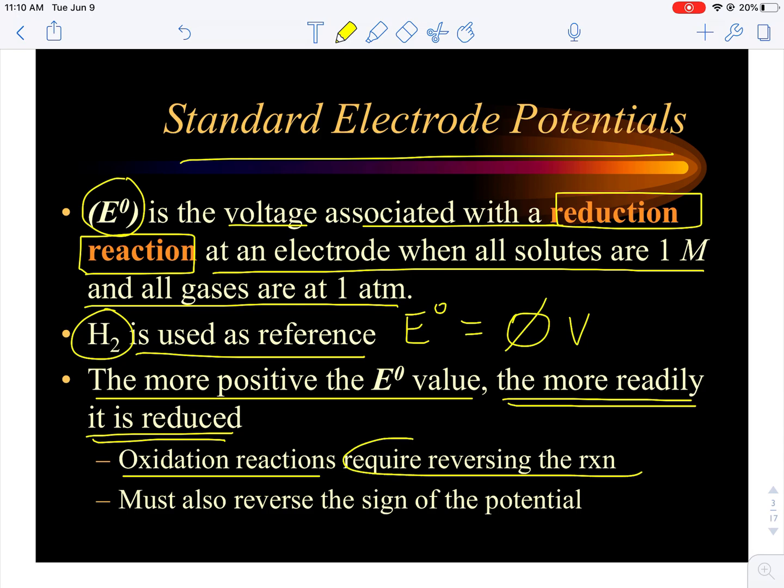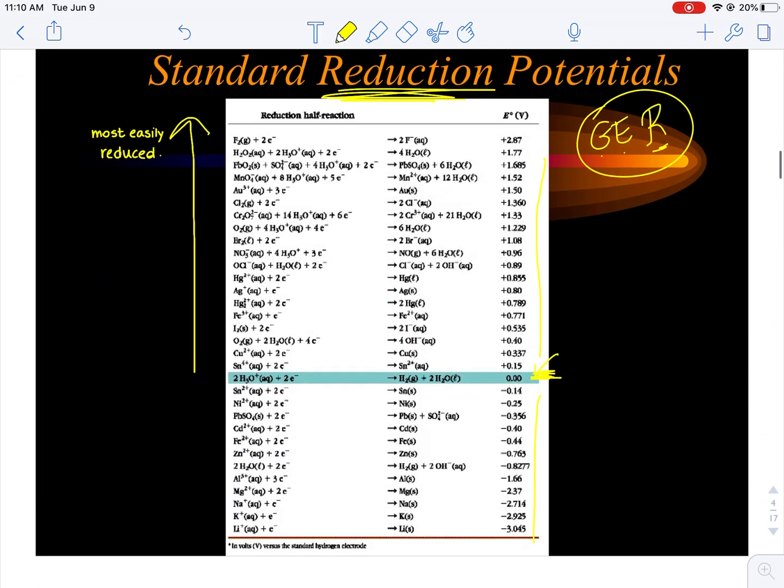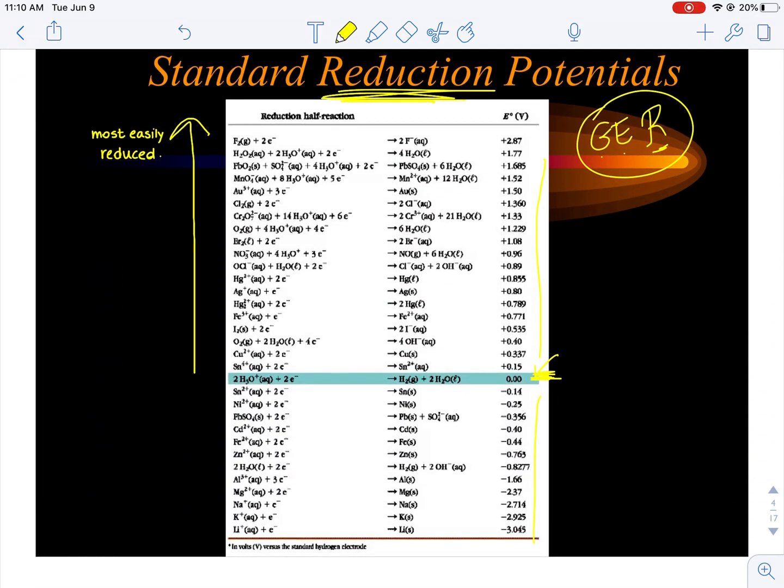Oxidation reactions require reversing the reaction. So looking at our chart for a second, if the most easily reduced species are at the top of our chart because their values are the most positive, where do you suppose we'll see the substances that are most easily oxidized?